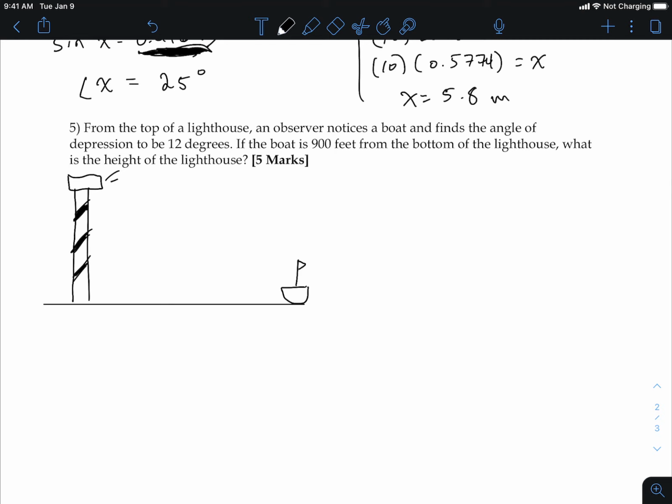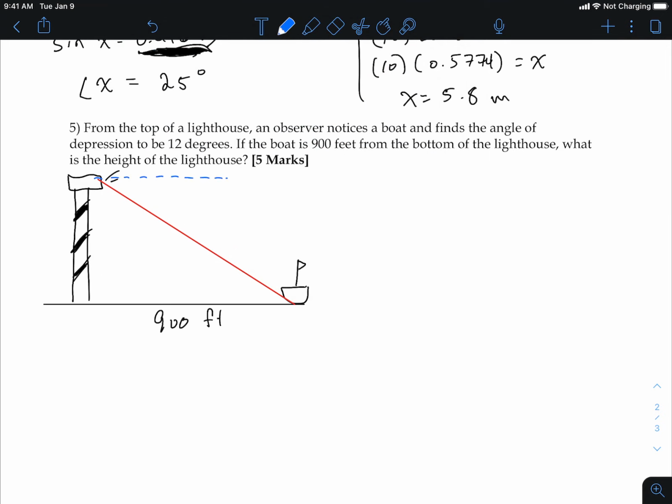Okay. How far is the boat from the base of the lighthouse? 900 feet. Okay, most people did not have an issue with that. Here's where everybody decided to do whatever they wanted. The line of sight from the boat to the lighthouse, we talked about this morning.